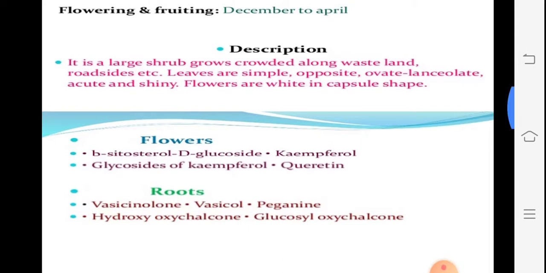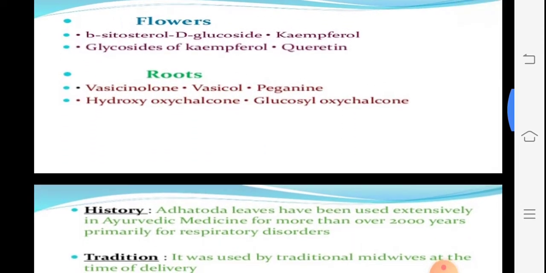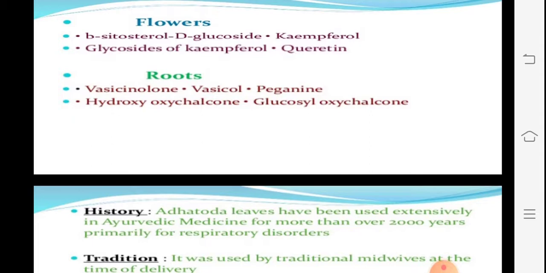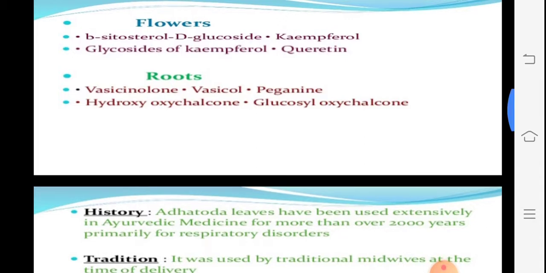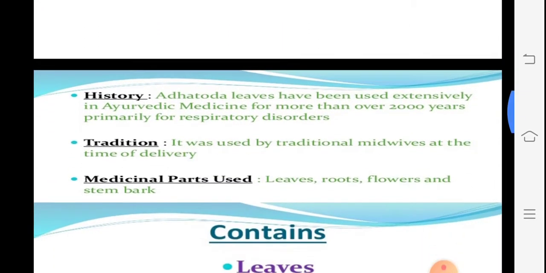The flowers are white, capsule shaped. The flowers also contain beta-sitosterol, D-glucoside, then kaempferol. The glycoside of kaempferol is quercetin. Then roots are also used due to chemicals like vasicinolone or vasicol and peganine. Then hydroxychlone is also one chemical content.